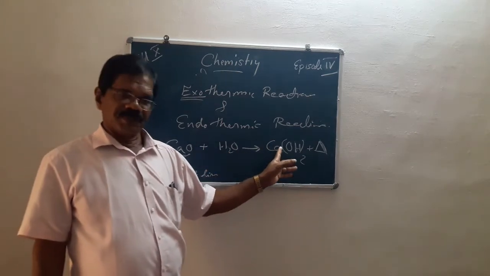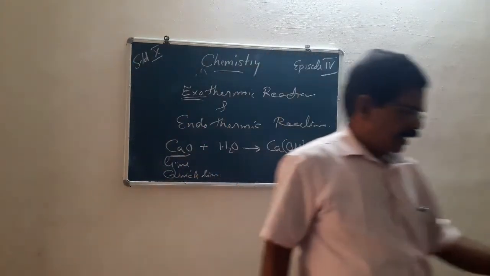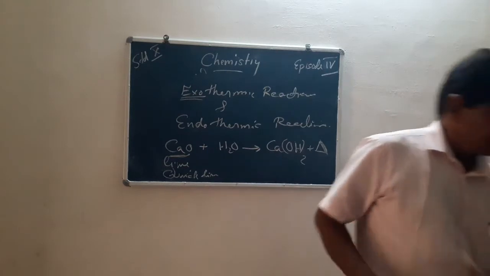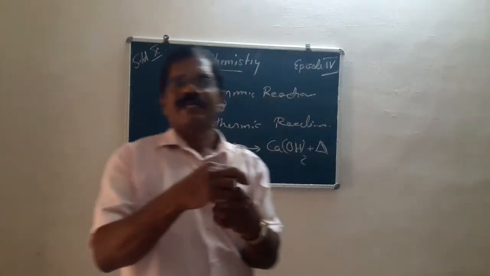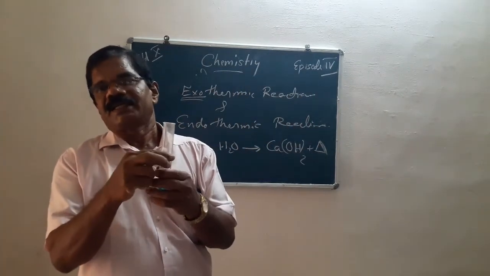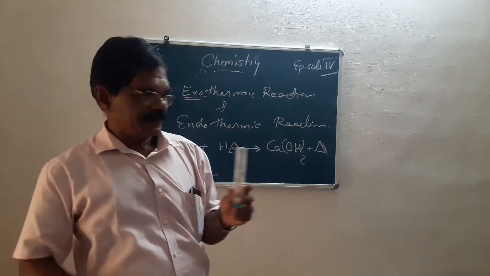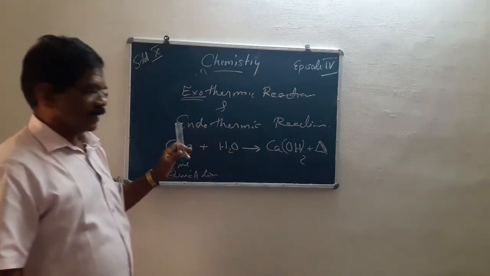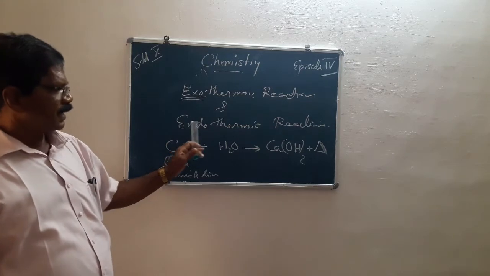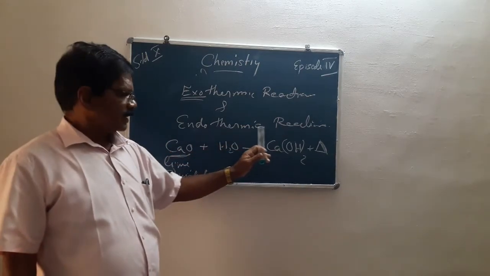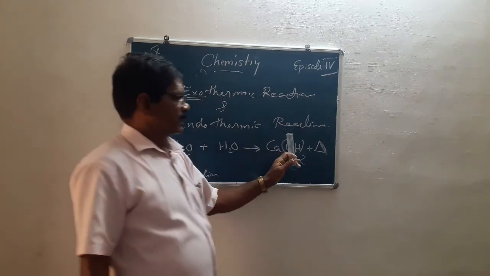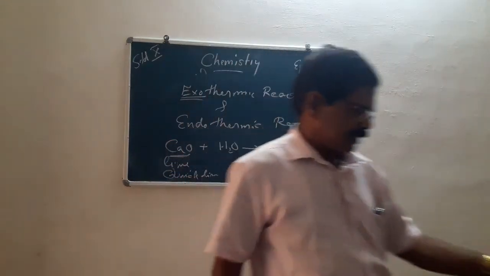Then calcium hydroxide is formed. When we touch the outside of the test tube, we can feel heat. This means that in the reaction between calcium oxide and water, calcium hydroxide is formed and at the same time heat energy is liberated.